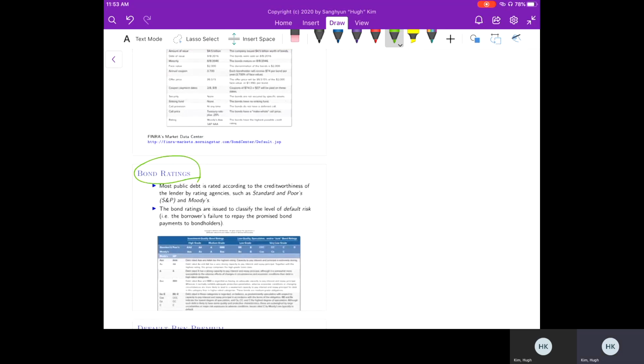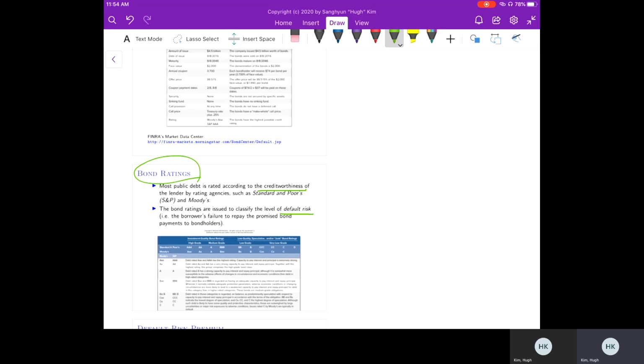Most public debt is rated according to the creditworthiness of the borrower by rating agencies such as Standard & Poor's, or S&P, and Moody's. And bond ratings are issued to classify the level of default risk, meaning that the borrower may fail to repay the promised bond payments to bondholders.